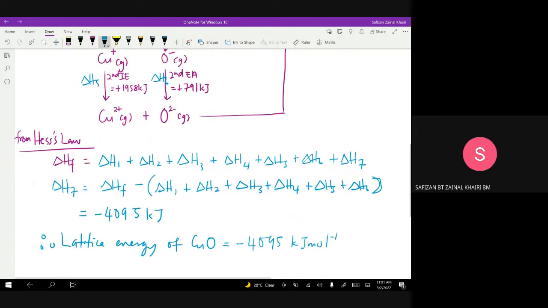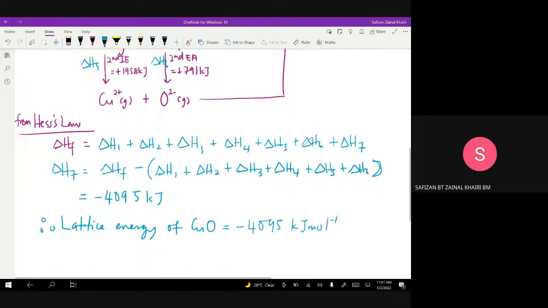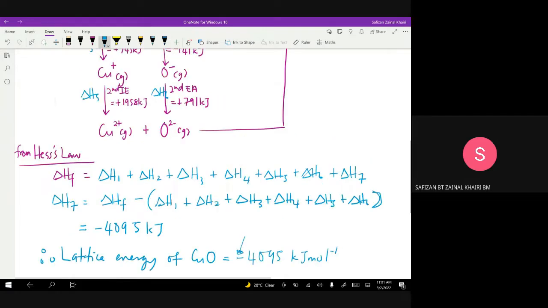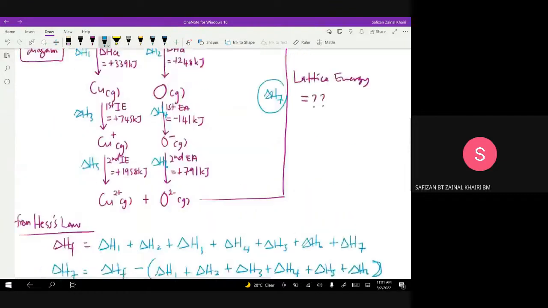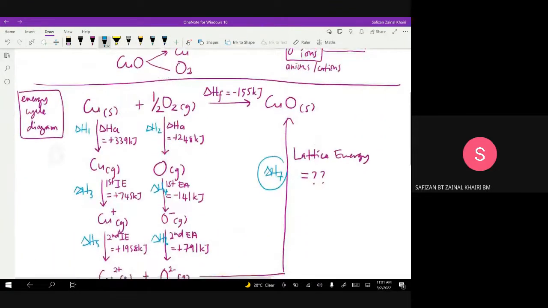Sebab ini adalah lattice of formation. So nilai ataupun sign for the enthalpy ataupun lattice energy is a negative sign here. Negative maksudnya it release 4095 kilojoule per mole when copper oxide form from its gases ion. Okay, itu yang pertama energy cycle diagram.